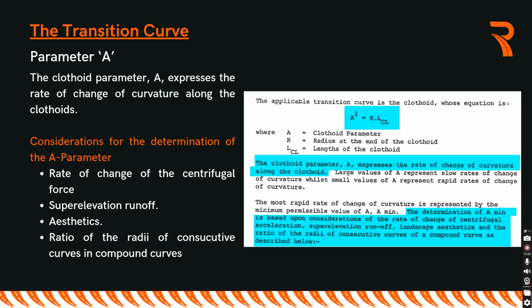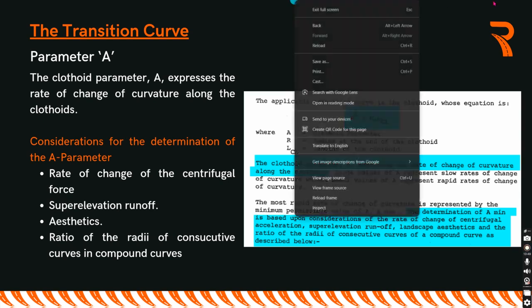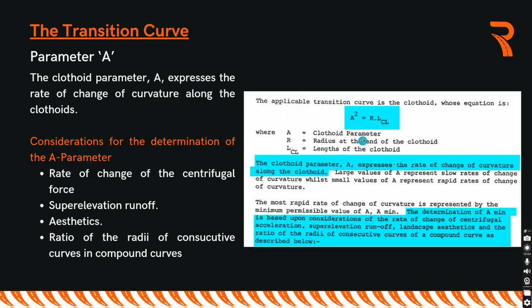And let us look at another aspect of the transition, and it's called the parameter A. It's called the Clothoid parameter, the reason being that the transition curve is defined by the Clothoid equation. And this parameter A, this is the formula that you get to see here. Let me just go back. It is a factor of the radius at the end of the Clothoid and the length of the Clothoid curve.